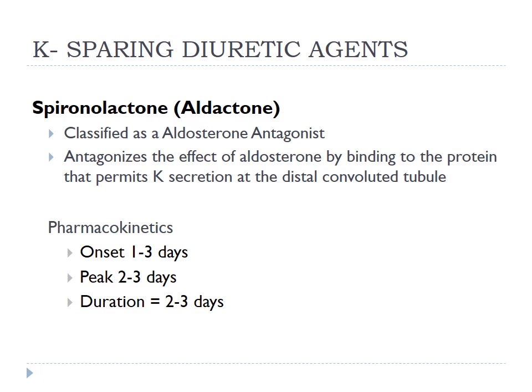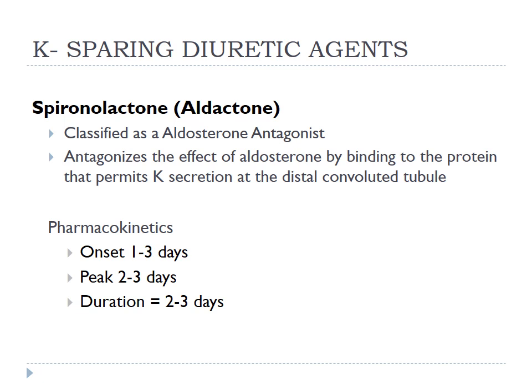So spironolactone is considered an aldosterone antagonist, and antagonizes the effect of aldosterone in the kidneys, and permits sodium excretion in the distal convoluted tubule. So by interfering with the aldosterone effect in the distal convoluted tubule, you retain your potassium, and that's how that works.